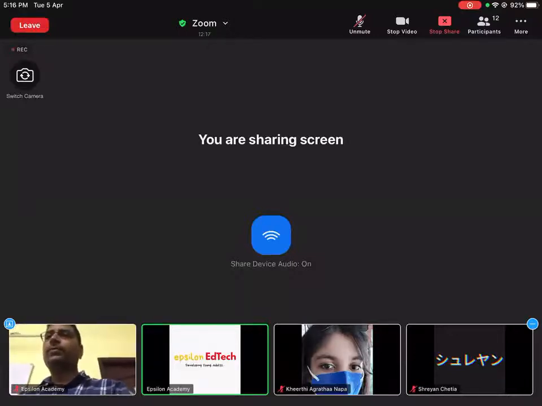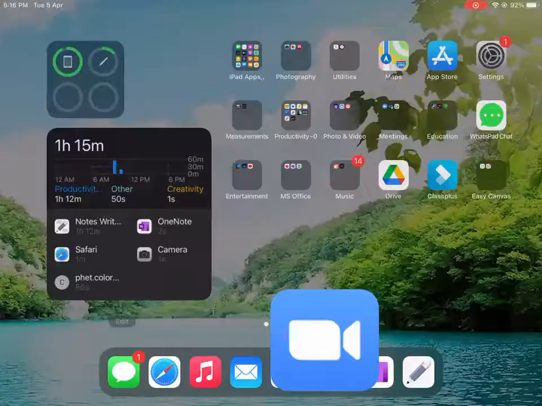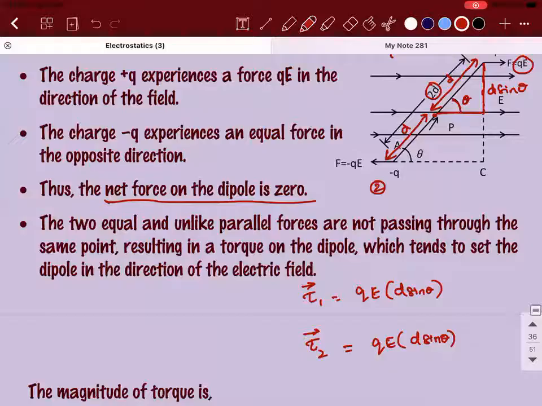Having this point in mind, now try to answer what is the direction of torque exerted by the force at the first particle and the force at the second particle. I wrote only magnitude. I told you many times, whenever you're dealing with a vector, concentrate on magnitude. Direction will be taken care of by the sign.